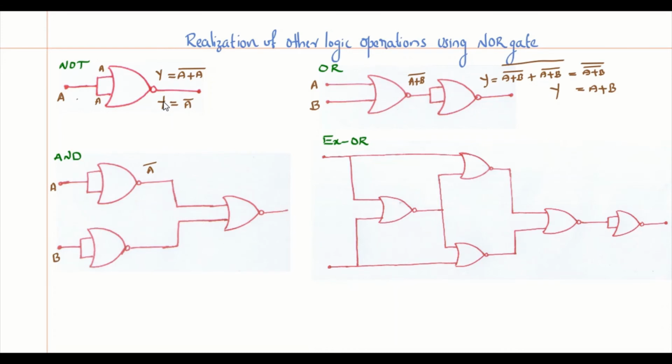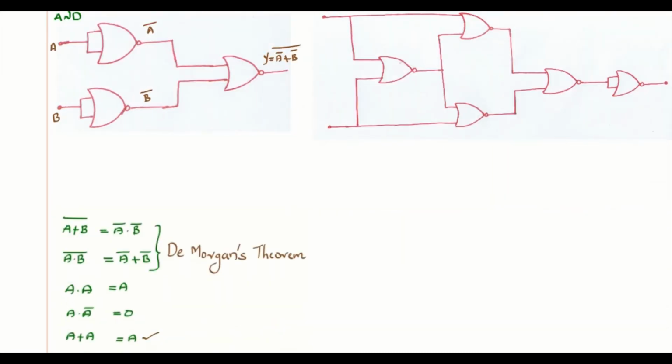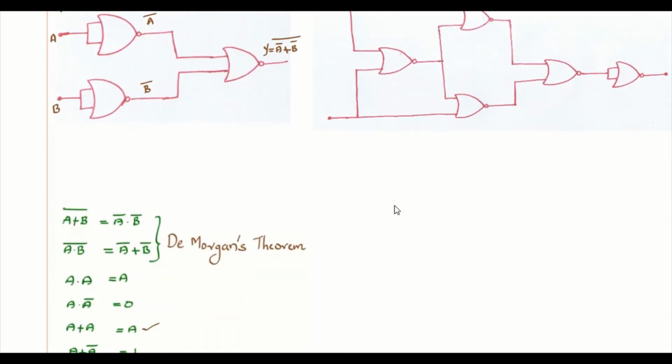Next is AND gate. Let A and B are the input. The output of the first NOR gate is A complement. The second NOR gate is B complement. A complement and B complement are given as the input to the third NOR gate, so that the output becomes y equal to A complement plus B complement the whole complement.